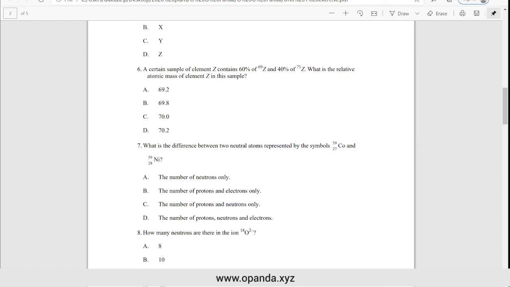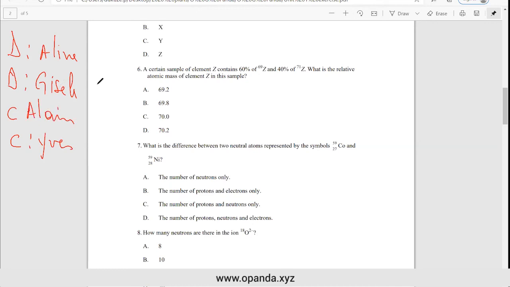Number 7, we have D from Aline, and we have D from Giselle. We also have C and C from Eve and Alain. So what is the right answer? I want someone who has suggested D to give us an explanation.